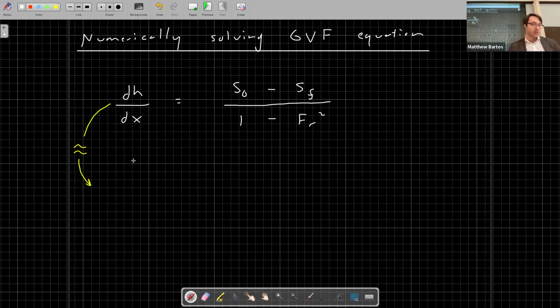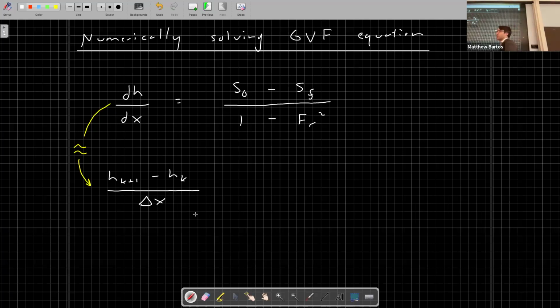the following quotient. Let's say we break up our channel into little increments. I'll call each increment, I'll give it the index k. So we have h_{k+1}, the depth at index k plus 1, minus h_k, divided by our spatial step size delta x.